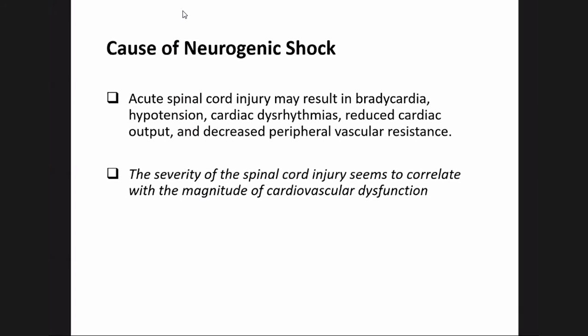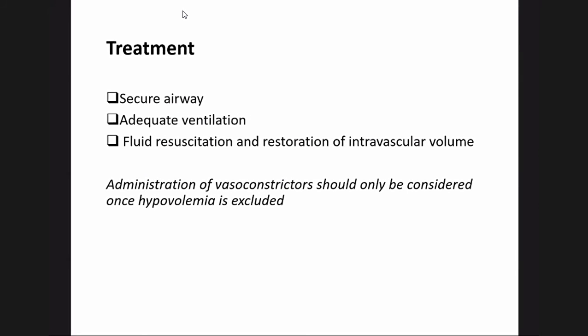So for the treatment of neurogenic shock naman, secure airway, adequate ventilation, fluid resuscitation, and restoration of intravascular volume. And administration of vasoconstrictors should be considered once hypovolemia is excluded.